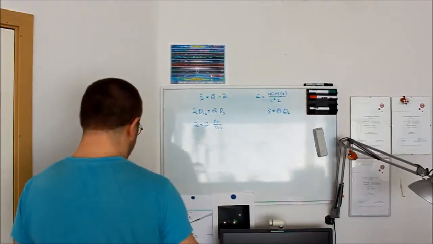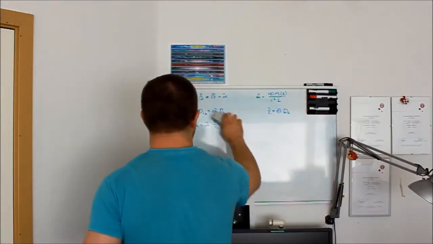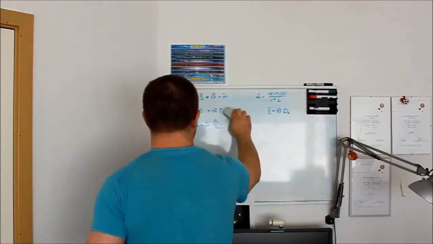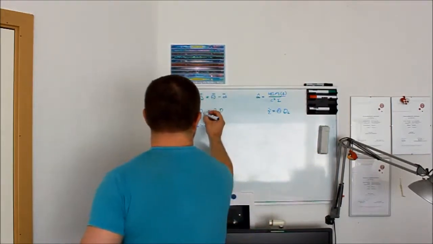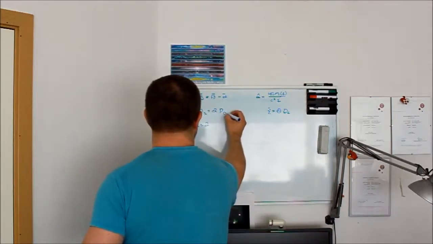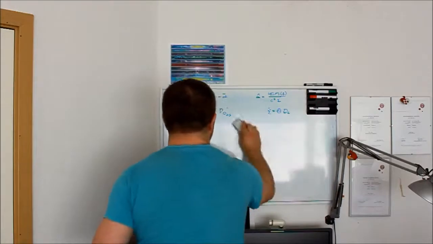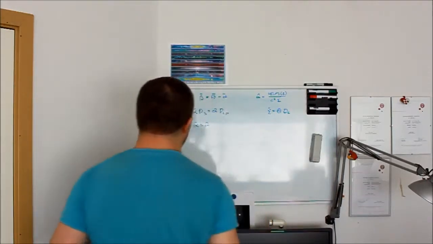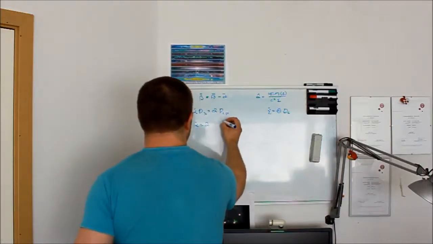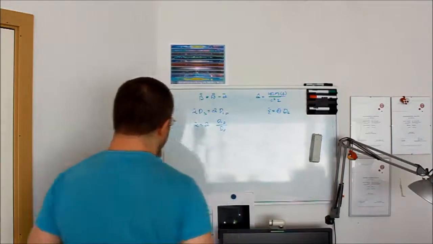No, something is wrong. I can see now what's wrong. It is Ds and Dls. There you go. And then we get this is equal to Dls over Ds.